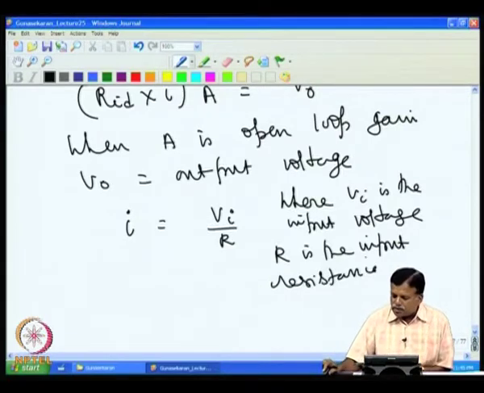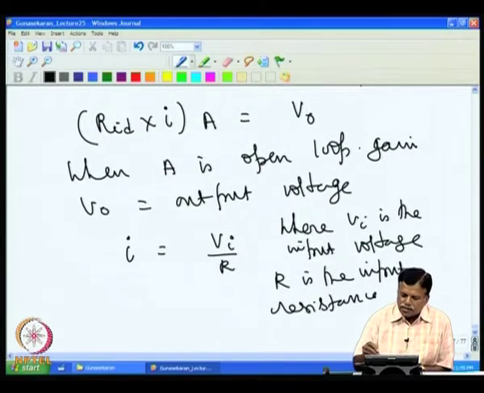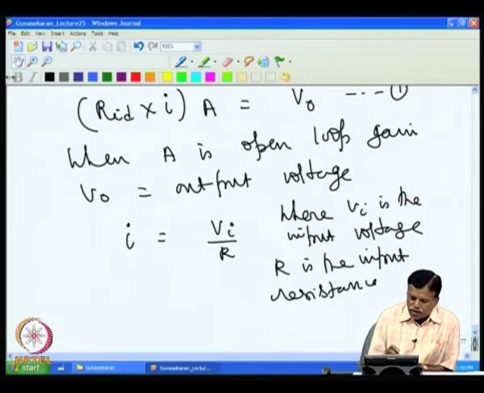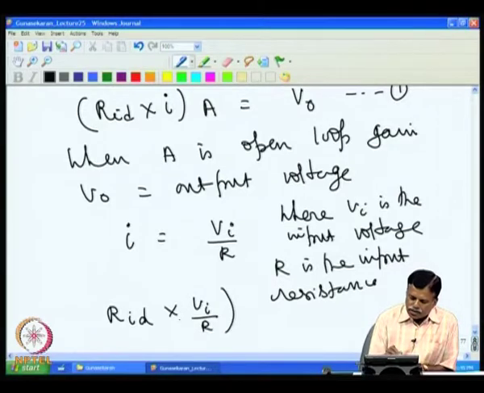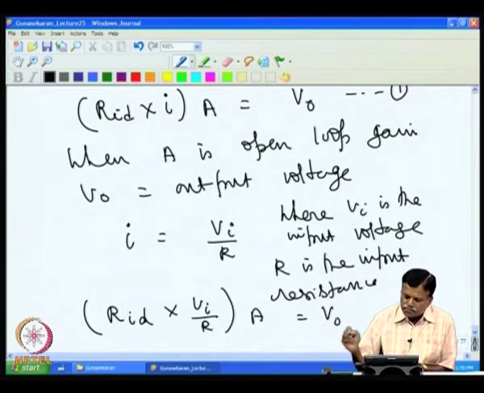If I substitute that in equation 1 for I, it will appear like this: RID into Vi by R into A is equal to V naught.